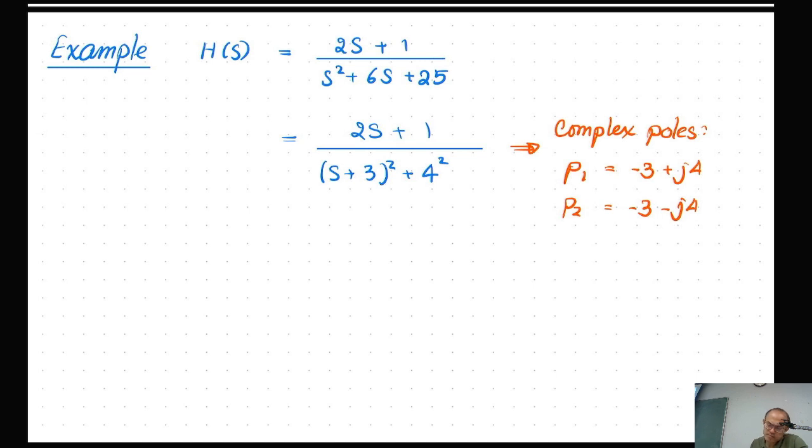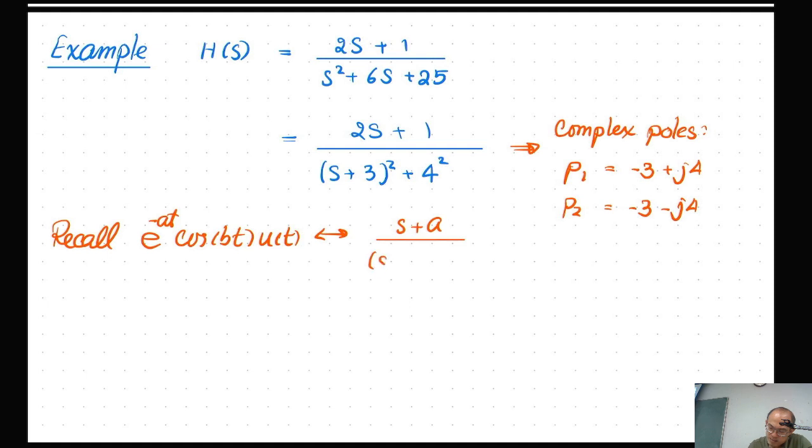Now we're trying to arrange this function into a form that we can look up in the table. We have to recall that e to the negative at cosine of bt u(t) corresponds to (s plus a) divided by (s plus a) squared plus b squared.